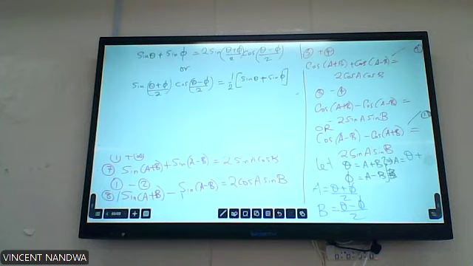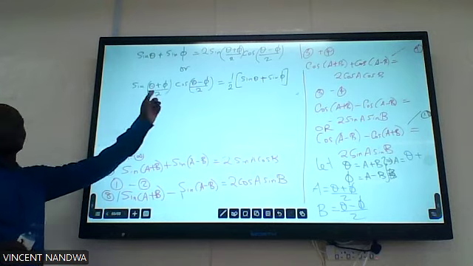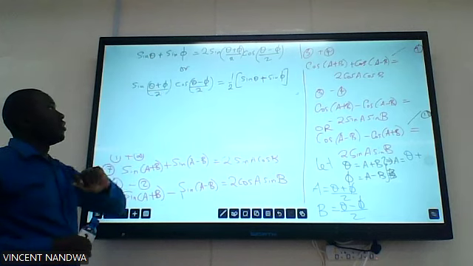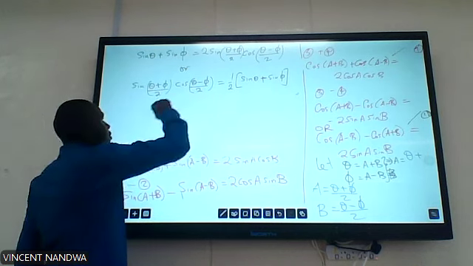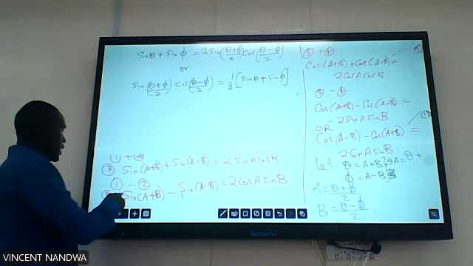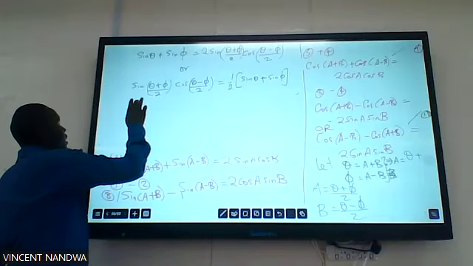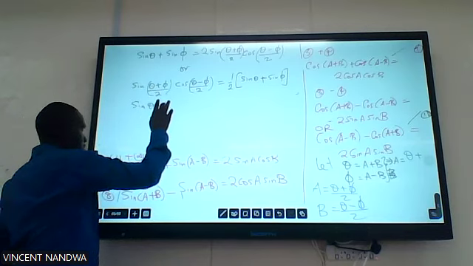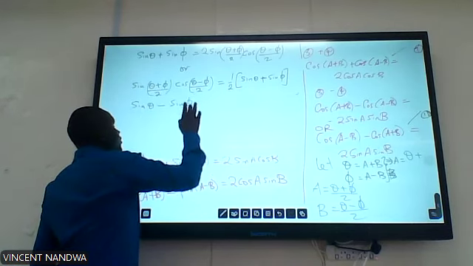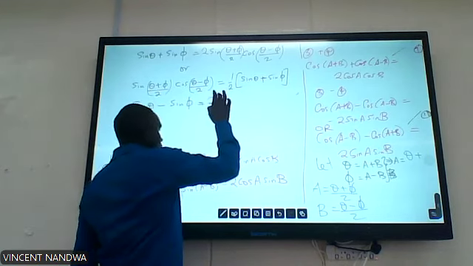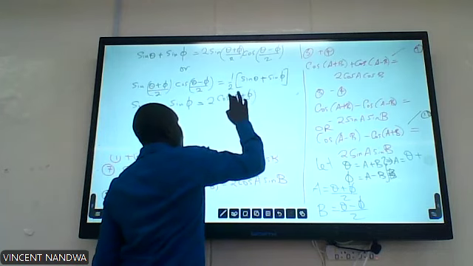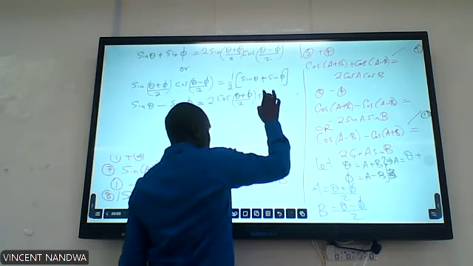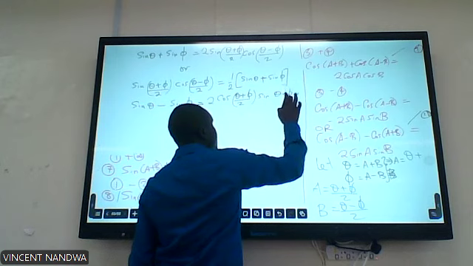So then another formula that can help with the product or sum of two trigonometric functions will be a sum to product. Similarly, formula 8 becomes sine theta minus sine phi equals twice cos of theta plus phi divided by 2, and then sine of theta minus phi divided by 2.